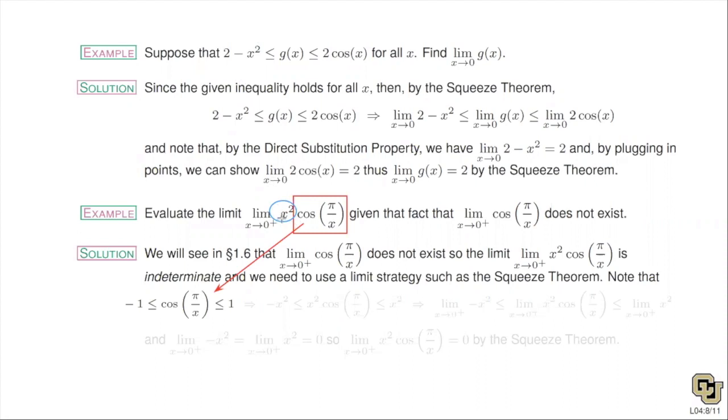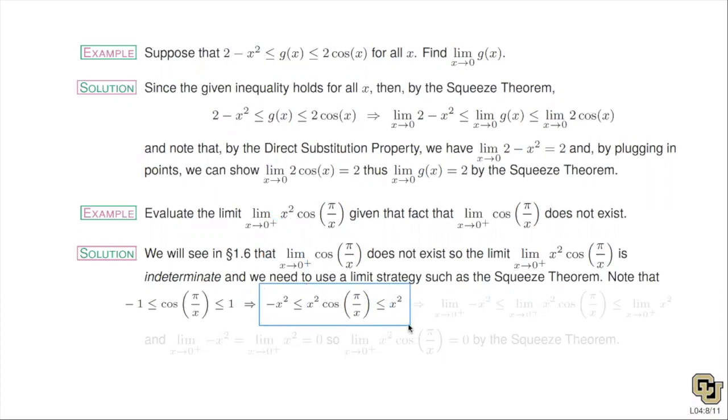When I multiply in x squared, we get negative x squared is less than or equal to x squared times cosine of pi over x, which is less than or equal to x squared. Remember, x squared is greater than or equal to 0, so we don't need to reverse the direction of the inequality. Now we've got our inequality for the squeeze theorem.